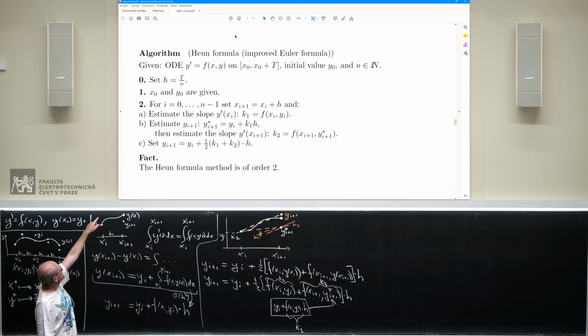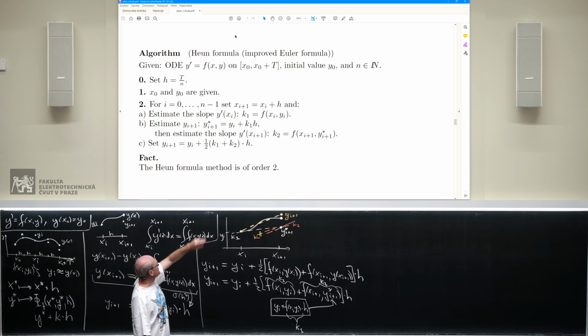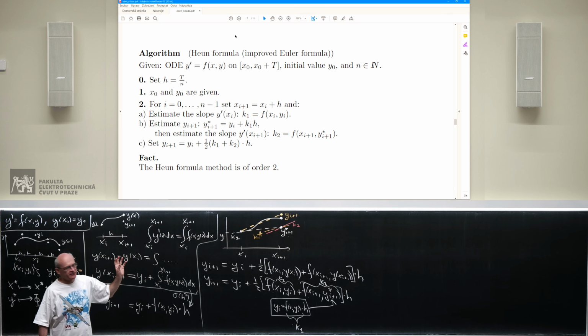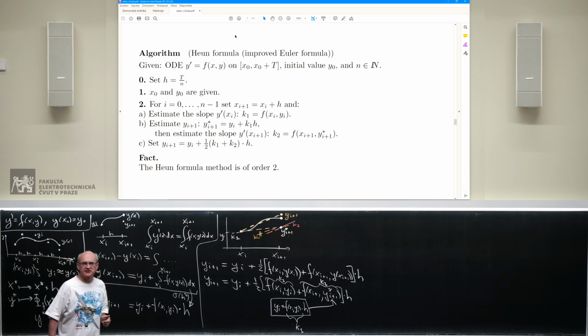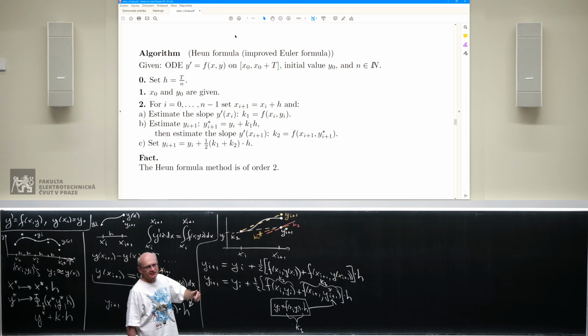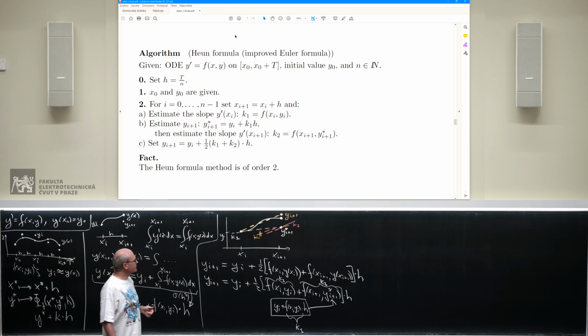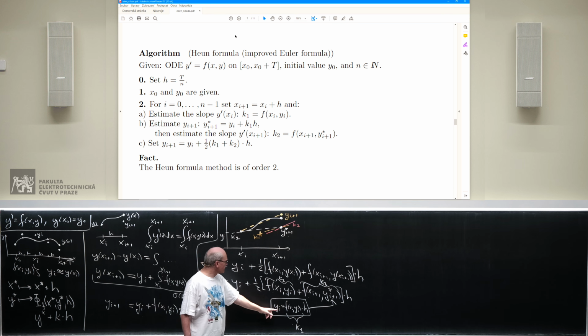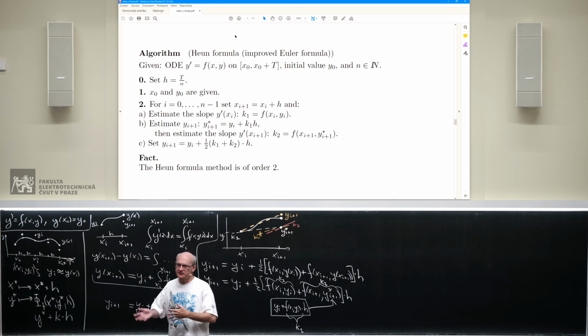And here is confirmation: the Heun formula method is of order 2. By the way, this method is also a representative of a huge group of methods which are called predictor-corrector, because we predict the value yi plus 1 using Euler, but different methods may use different tricks.